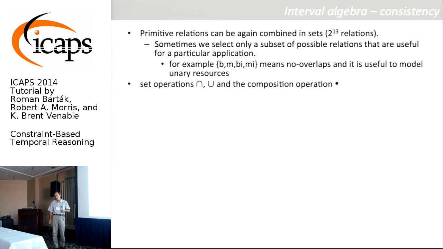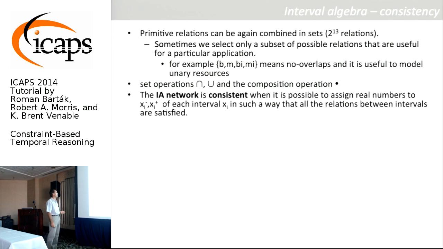Like before, we can define intersection, conjunction of intervals, or union, disjunction of intervals. We can define also the composition operation, but please don't ask me to show you the table because it's a 13 times 13 huge table, right? But we can define it for 2 pairs of intervals.